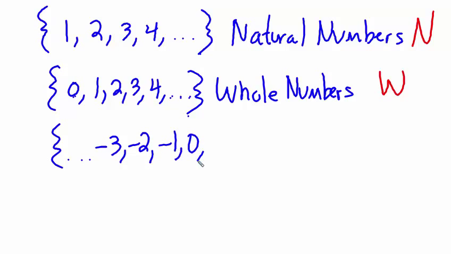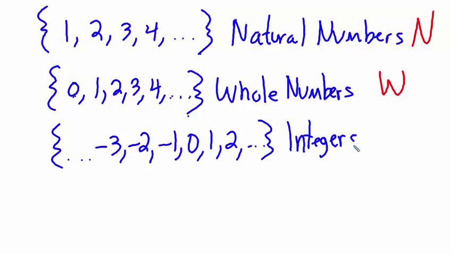I've got a few negative ones, I'll put 0 in there, and so on. They call these the integers. And you might think that they use I for the shorthand for integers, but I actually represents a different set that we'll talk about later. They use Z for integers.